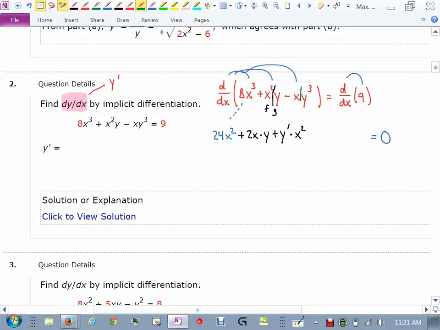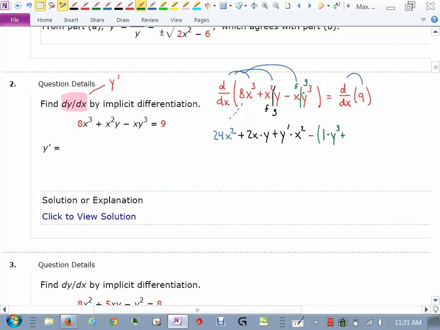And again, we have product rule right here. So this is like our f and this is like our g. So let's see how we're going to deal with this. I'm going to put the minus sign here. I'm going to put a set of parentheses because I have to do product rule. So the derivative of f, in this case the derivative of x, is 1 because we're differentiating with respect to x, times g, which is y cubed, plus the derivative of g.